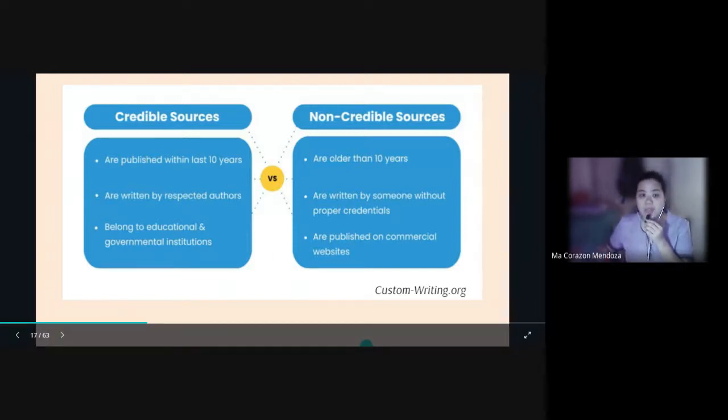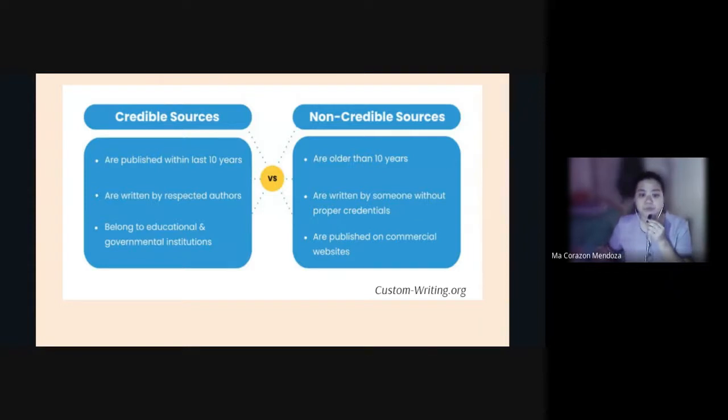So, I think you are already aware that in order for us to identify a website, we're talking about websites here or online sources, if the domain name is like .com, .net, or .org, I'm talking about that one. .com, .org, and .net most likely post their contents to earn money.